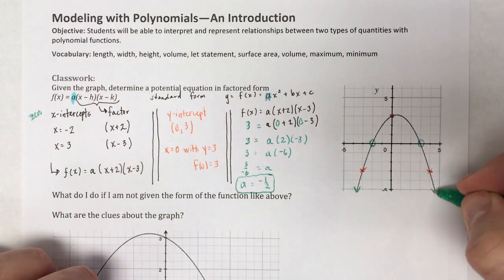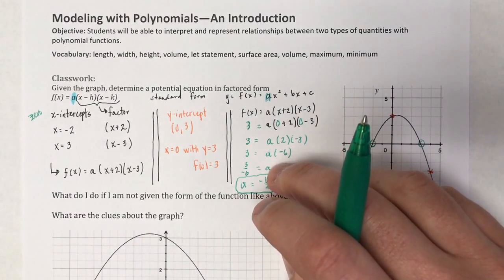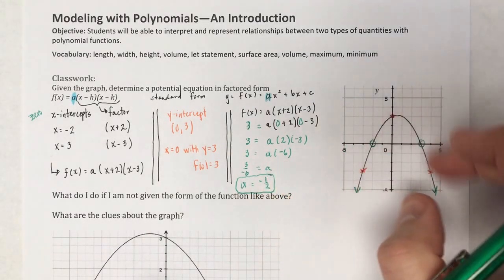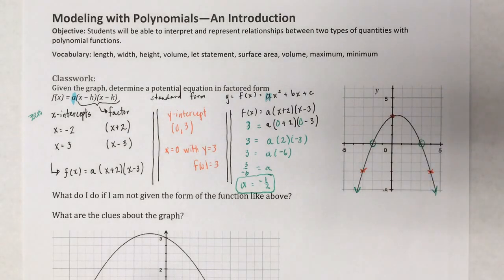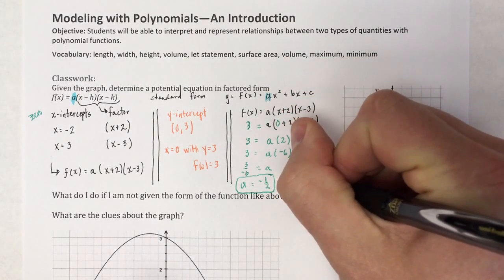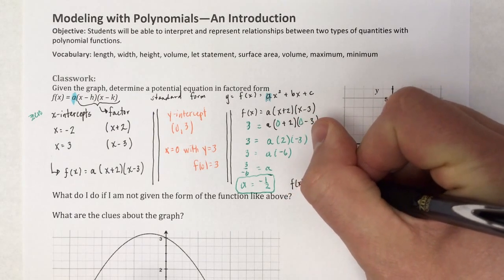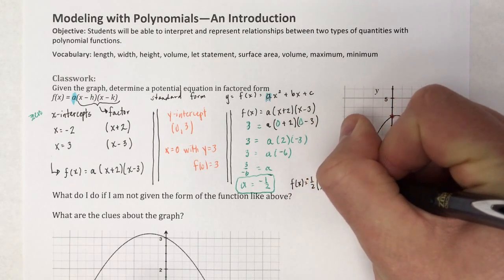So that leads me to understand the lead coefficient was negative, is what we found. And a half just kind of widens the graph, it shrinks things down vertically. So my final equation would be f of x equals 1/2 negative x plus 2 x minus 3.